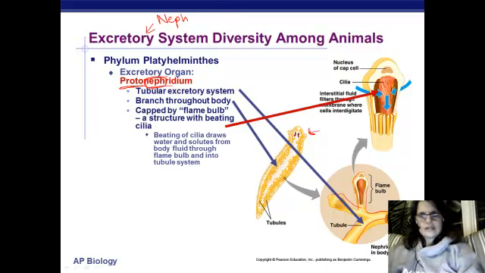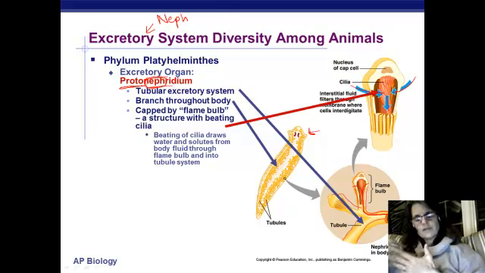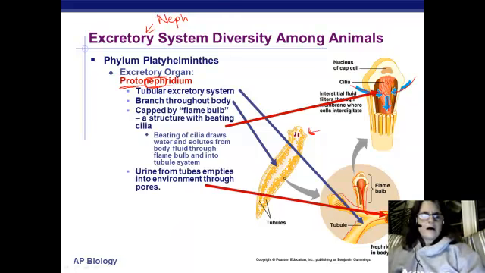And the cilia, as they beat, like a little whirring fan, draw fluid from inside the animal into the bulb, and then it goes out through the pore opening out of the body, okay? So into the bulb, through the tube, to out of the body.